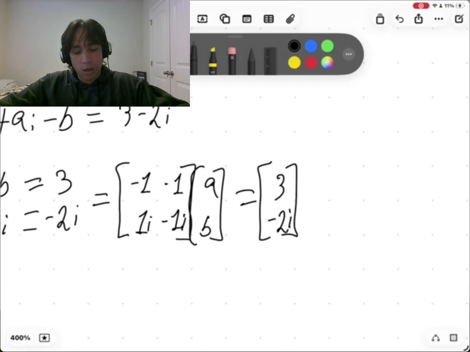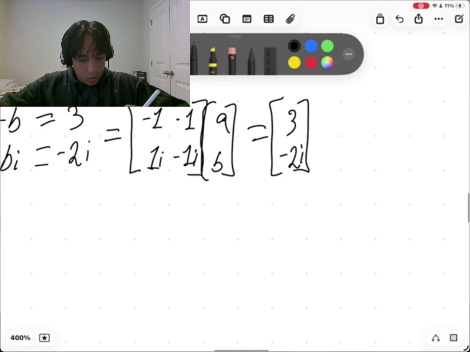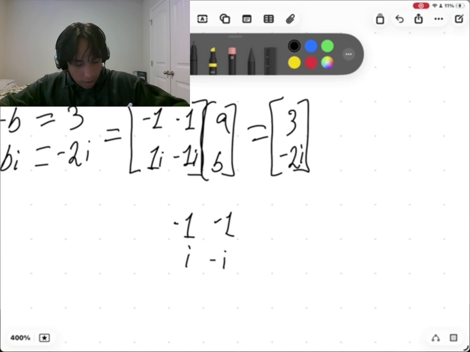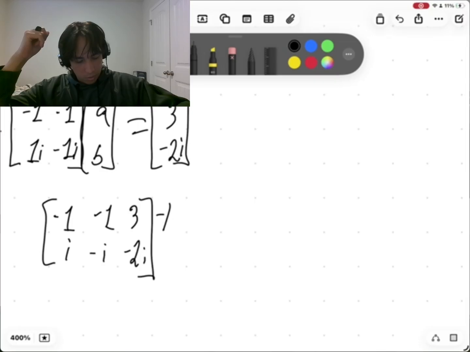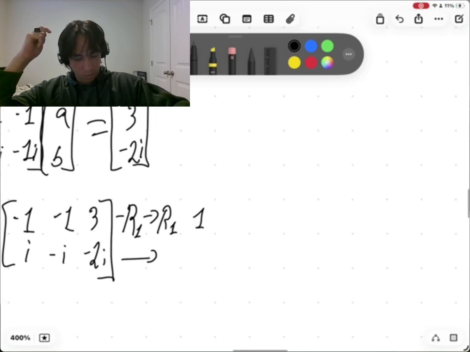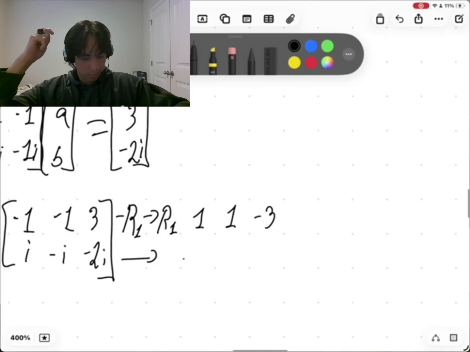Pretty self-explanatory. So yeah, we can augment this. -1, -1, i, -i, -3, -2i, right? We can do -r1. Put it into r1. 1, 1, -3. Right?